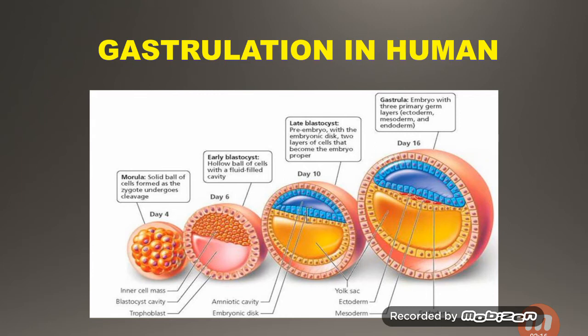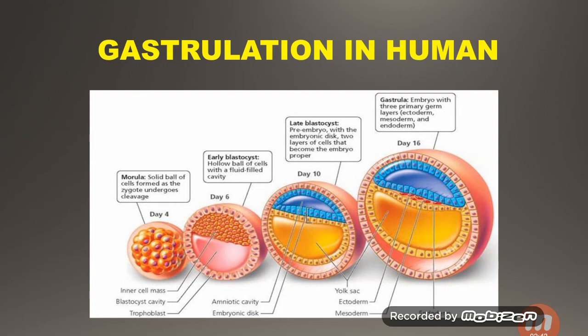Now if we talk about the process of gastrulation, by the end of the second week of development, the bilaminar embryonic disc consisting of the hypoblast and epiblast has formed, which are shown here with the blue colored layers.